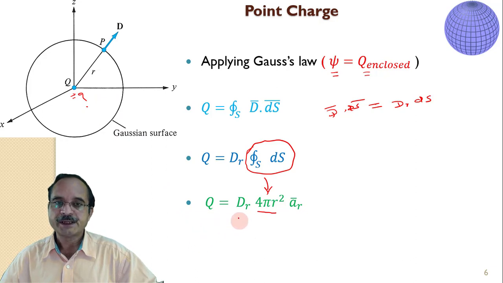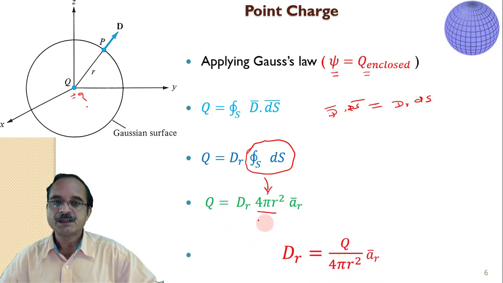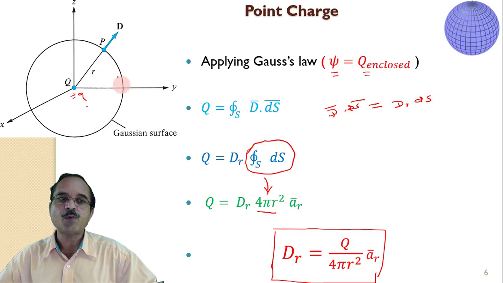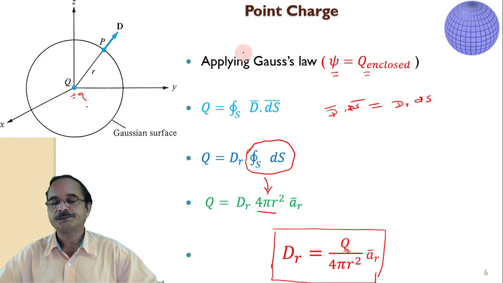Rearranging this equation gives me dr equal to q upon 4 pi r square ar. So this is the electric flux density at any point on this sphere because of the unknown charge q. This is what we have derived here.